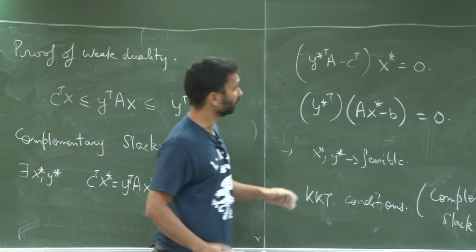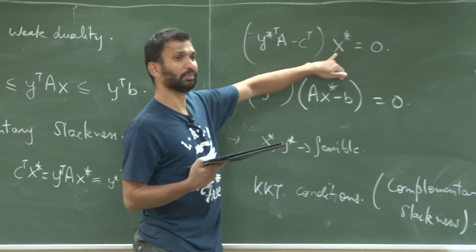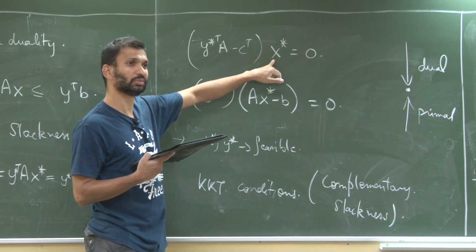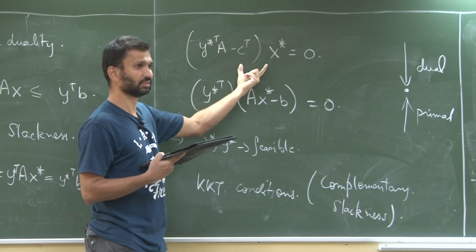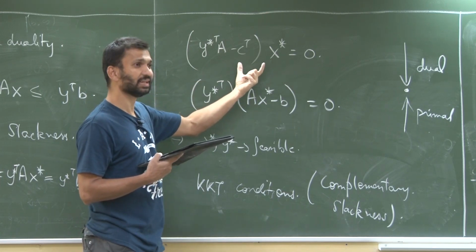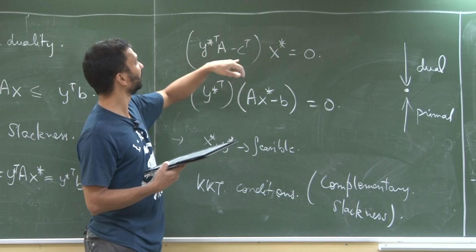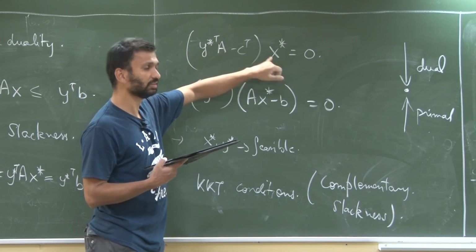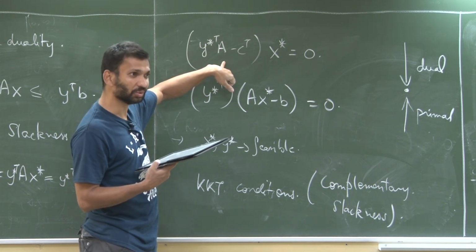Okay, good. But why is it called complementary slackness? What does it tell me? If my optimal primal variable is non-zero, suppose, what is this? This is a vector equation, right? So this is saying if my X star is positive, then the corresponding variable has to be 0.